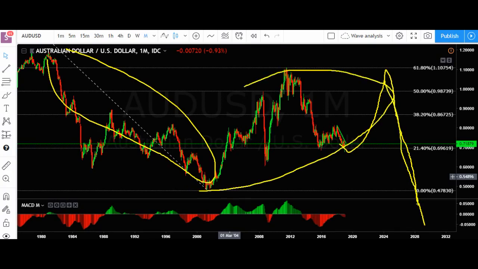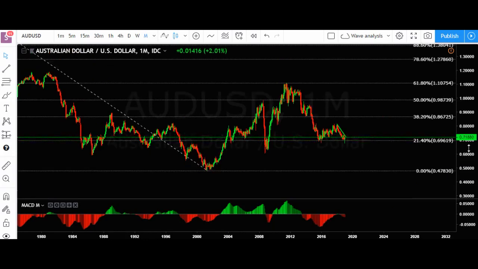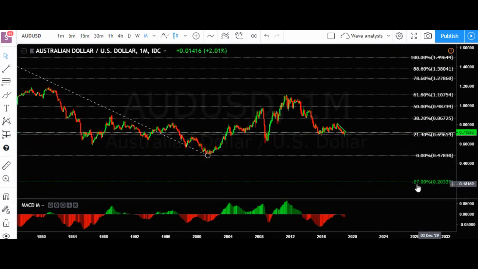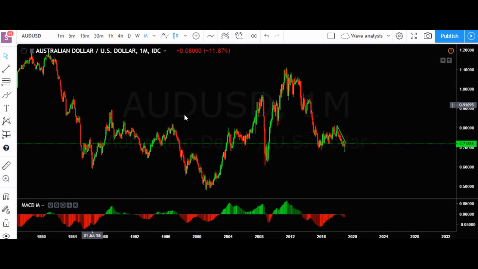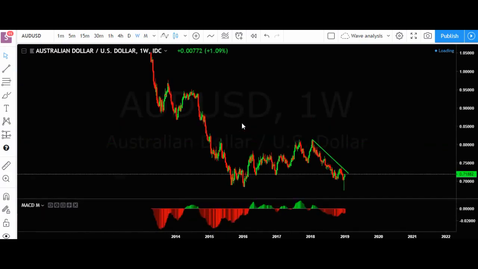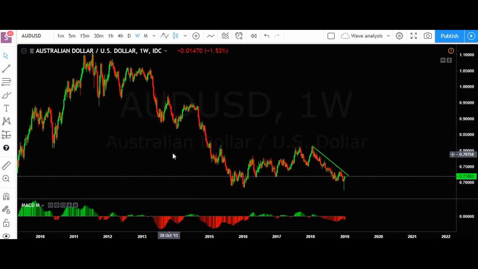If we look at an ABC, it's only your ABC structures that normally don't have the steam to get to your 27% extension. But your extension, your 27% target is way down here. So let's go to the other time frames, and I'll just demonstrate how you would go about it on the other time frames.